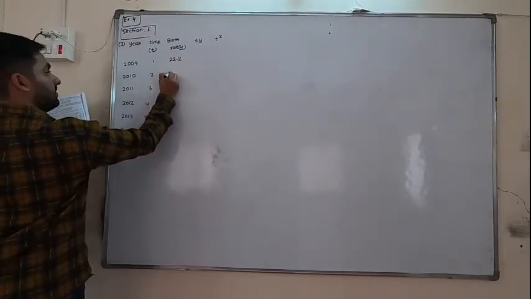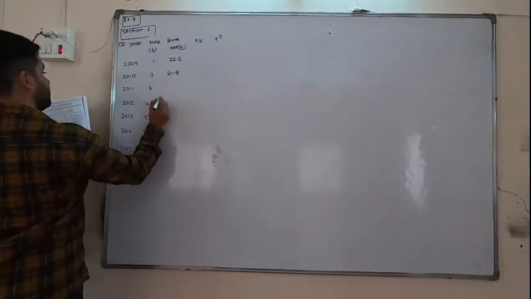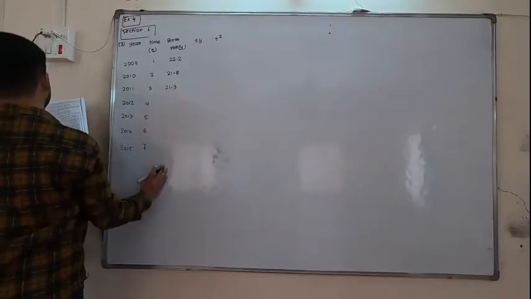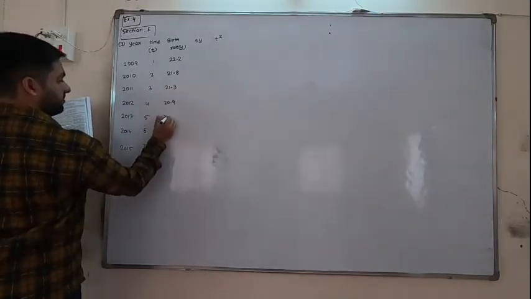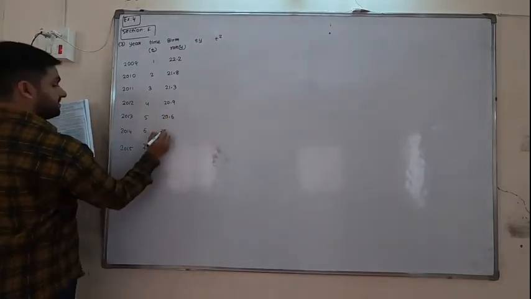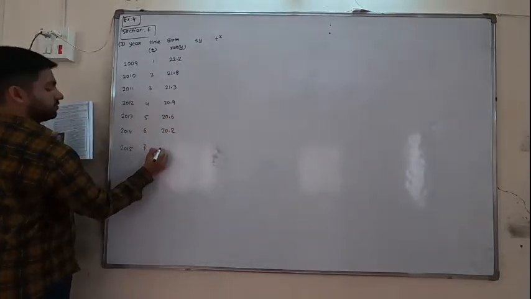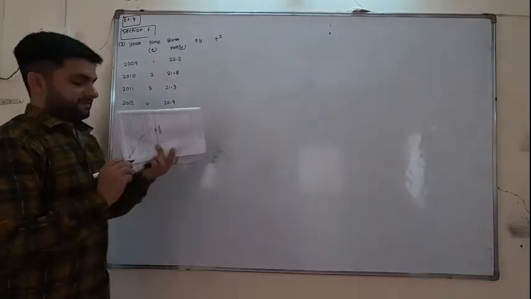Birth rates: 22.2, 21.8, 21.3, 20.9, 20.6, 20.2, 19.9. Now let me draw the table.